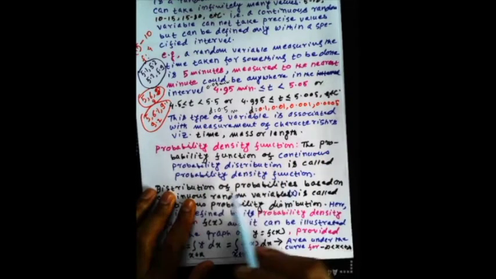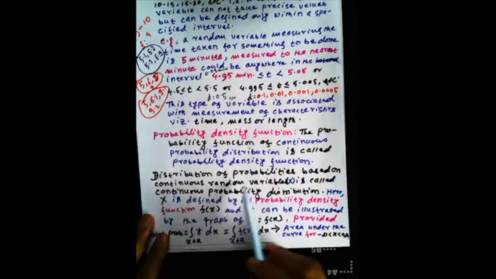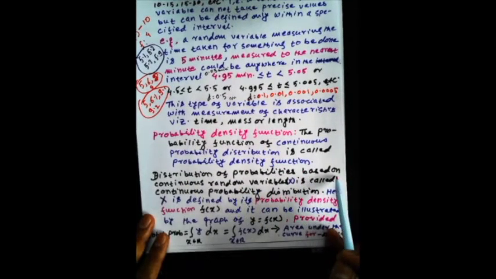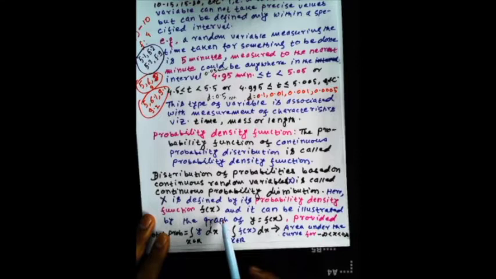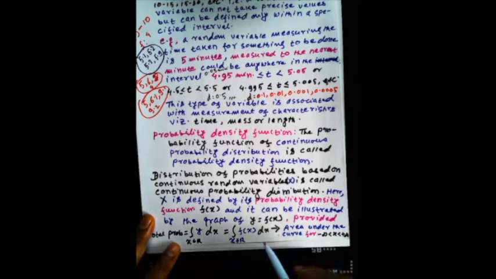The distribution of probabilities based on a continuous random variable, say x, is called a continuous probability distribution. Here x is defined by its probability density function f(x), and it can be illustrated by the graph of y equal to f(x), provided that the total probability is 1.